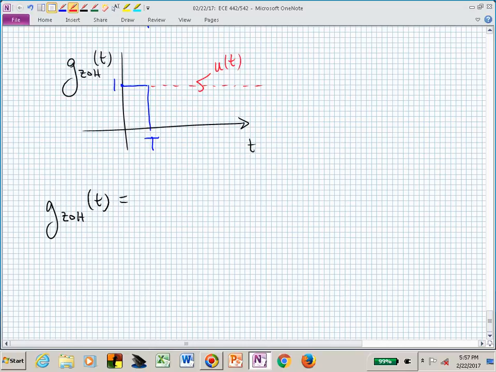And then we'll have to worry what we do once we get one sample period into the future, at time value capital T. But for starters, is it clear that the first piece of describing G sub ZOH of T in terms of fundamental waveforms is just to turn something on, and that something is equivalent to a unit step, U of T?